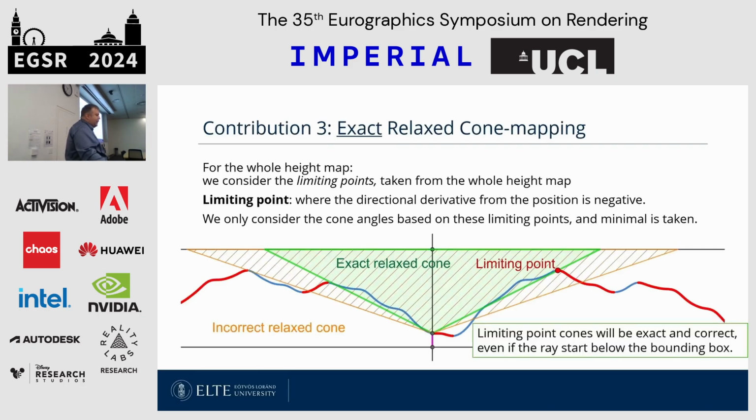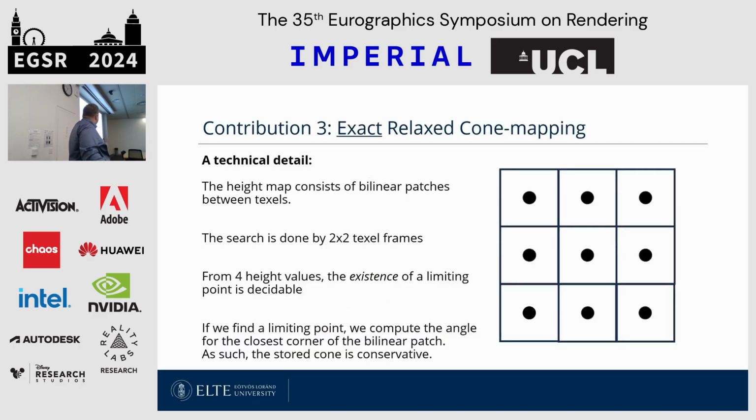For comparison, an incorrect relaxed cone would look something like this. Of course, it depends on some approximation parameters. However, in practice, we have bilinear patches between texels, which are not differentiable everywhere.